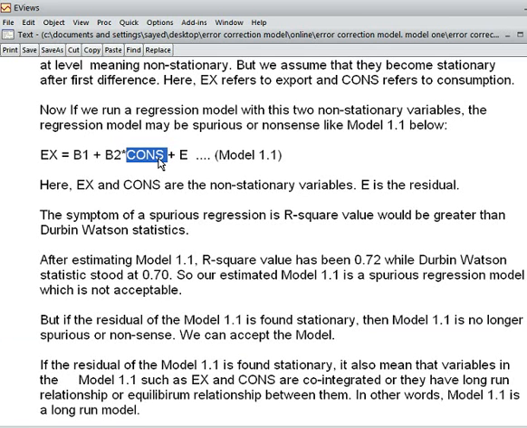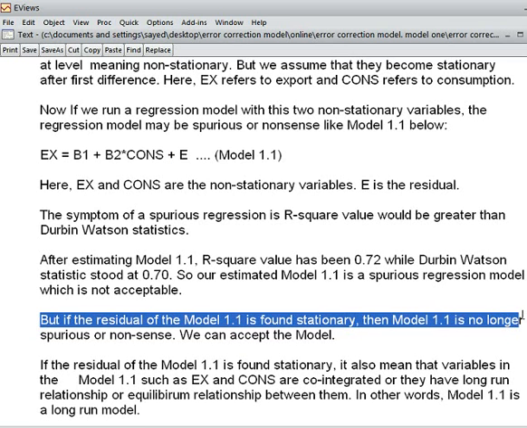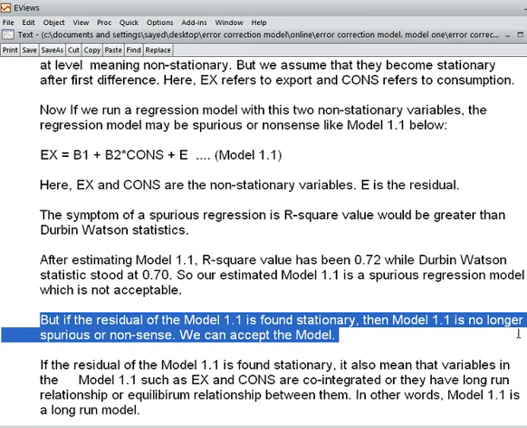And second is the residual of model 1.1 should be stationary. And if that happens, then model 1.1 is no longer spurious or nonsense. So we can accept the model.